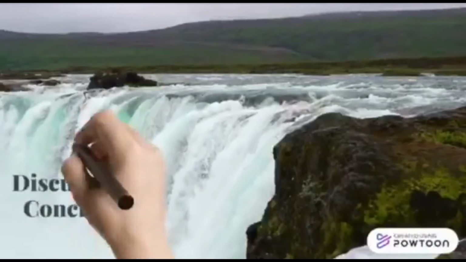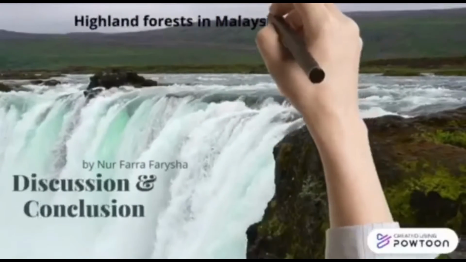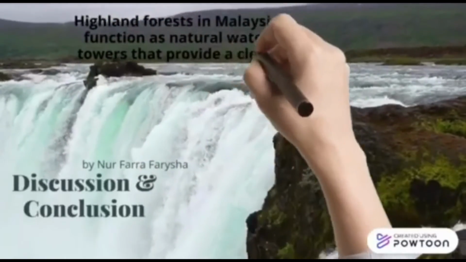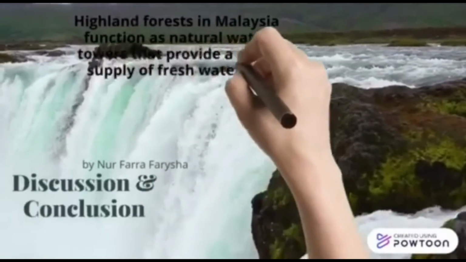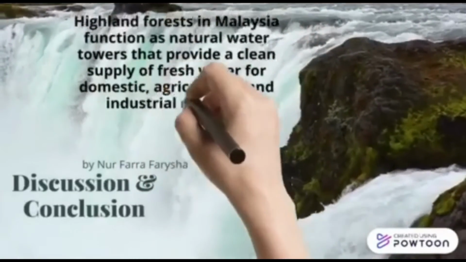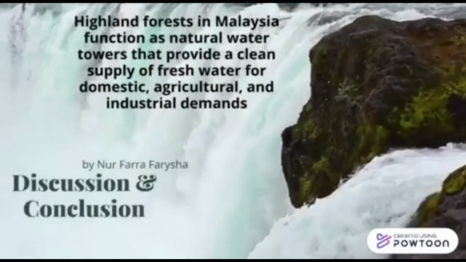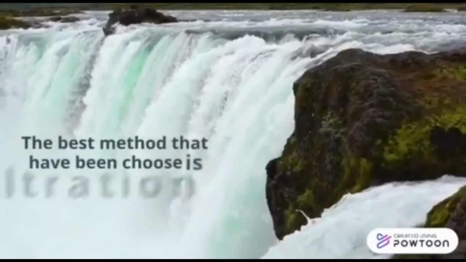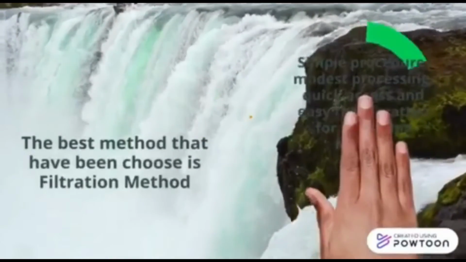For discussion, as you know, Malaysia has highland forests that provide a clean supply of fresh water for domestic, agriculture and industry demand. So that's why there are many methods that we can use to get clean water. The best method that we can use for this agriculture wastewater is the filtration system.